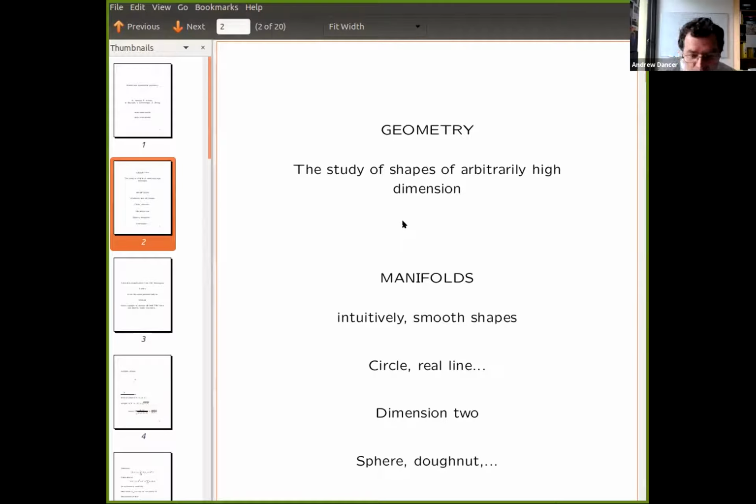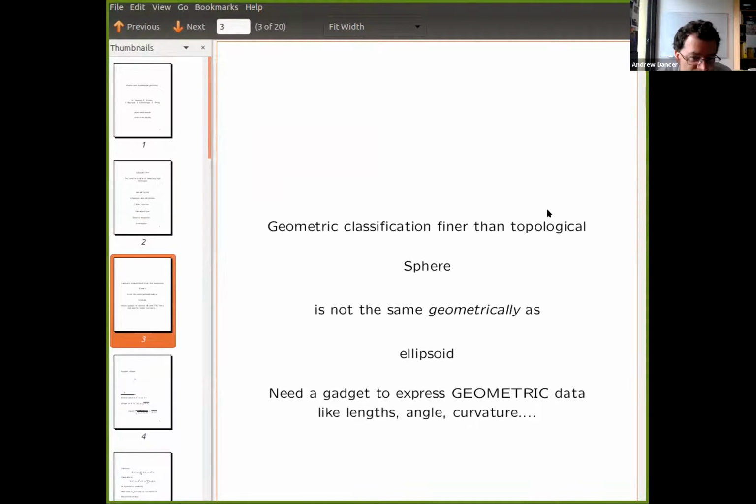So in dimension 1, things like the circle or the real line. In dimension 2, the sphere, the torus, more informally the donut, and then of course versions of the donut with more than one hole. So the geometric classification is finer than the topological classification.